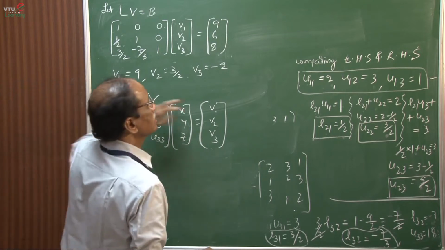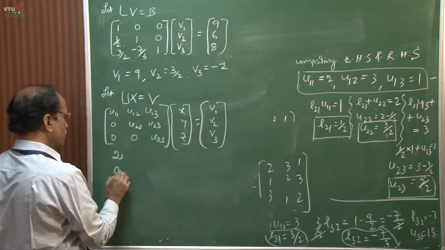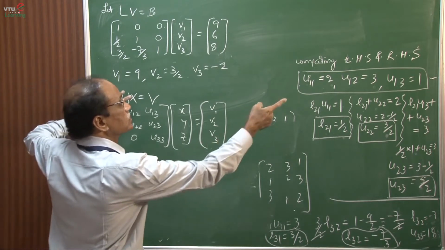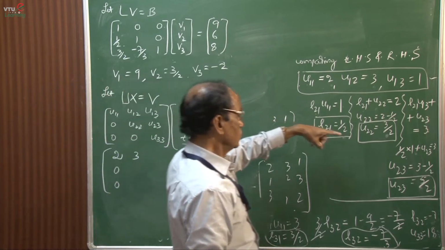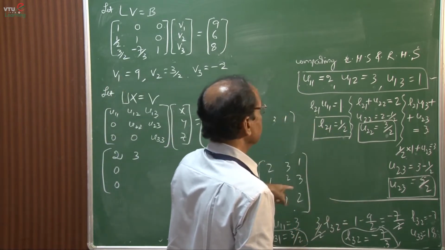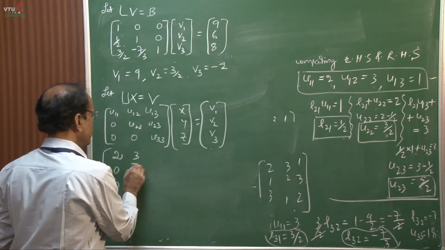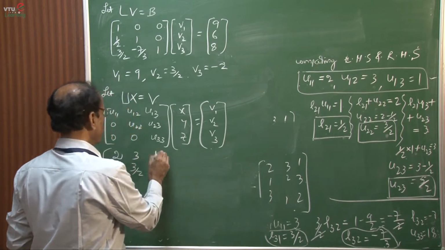U11, what is that U11? That is 2. So you substitute 2, 0, 0. Then U12, that is 3, and U22 we have calculated, U22 is equal to 3 by 2. And U13 that is equal to 1.